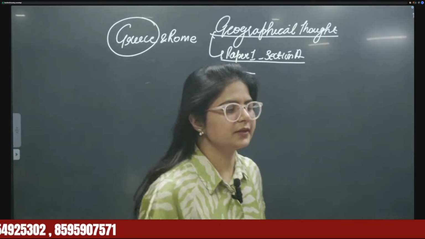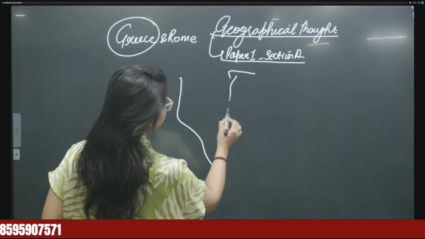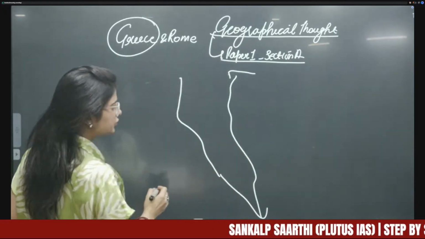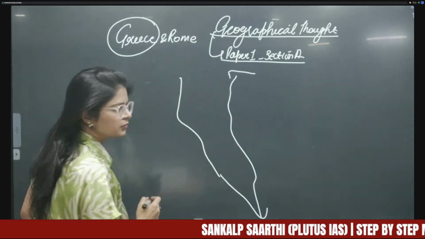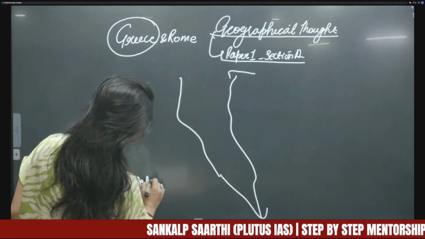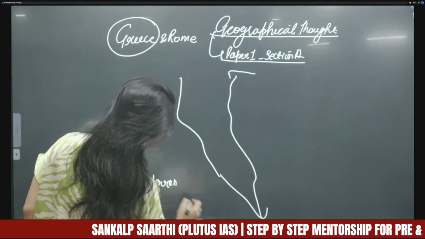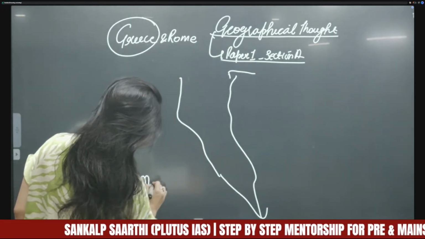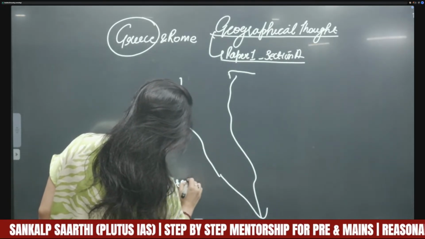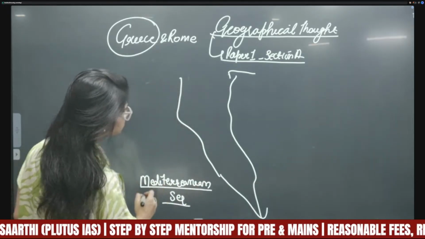It's in Europe. And how is it? It is covered by the sea, right? Which seas are important, which are present over here? Mediterranean Sea. The Mediterranean Sea is one of the major ones. Next, which other seas are there? Black Sea.